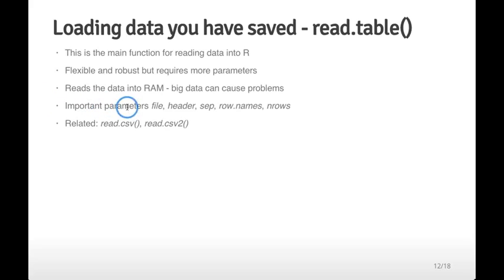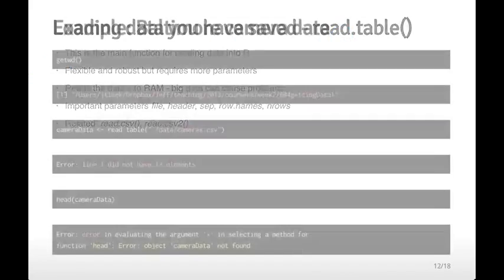And the important parameters here are the file that you're trying to load, whether it has a header line, what is the separation that is used to separate the data values, the row names and the number of rows to read in, and the related functions read.csv and read.csv2, I'll talk about in just a minute, are basically versions of read.table where some of the parameters are set in advance.